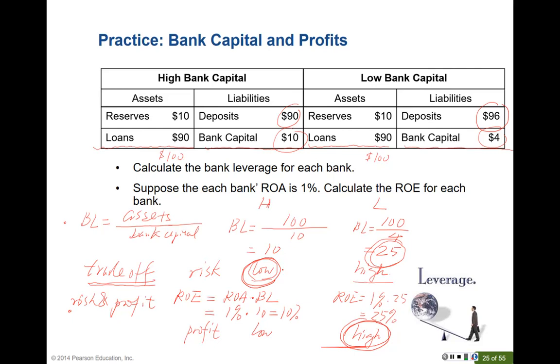So it faces very low risk, but at the same time, it reduces the profit, only reaching 10%. So do you want a high risk or do you want the high profit? That's the trade-off you have to consider if you become a banker in the future.